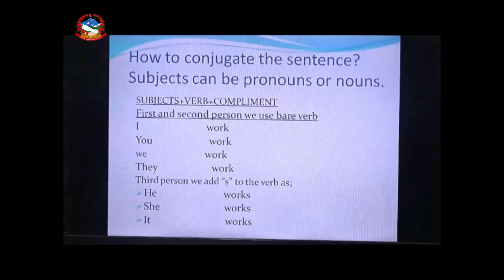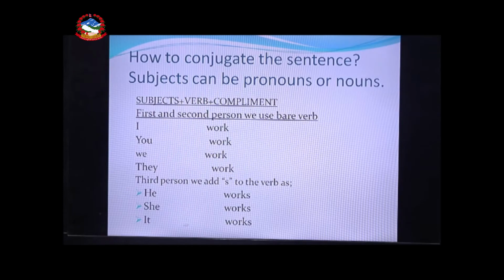We have three persons in English grammar: first person, second person, and third person. Among these persons, only for the first and second person we use bare verb.